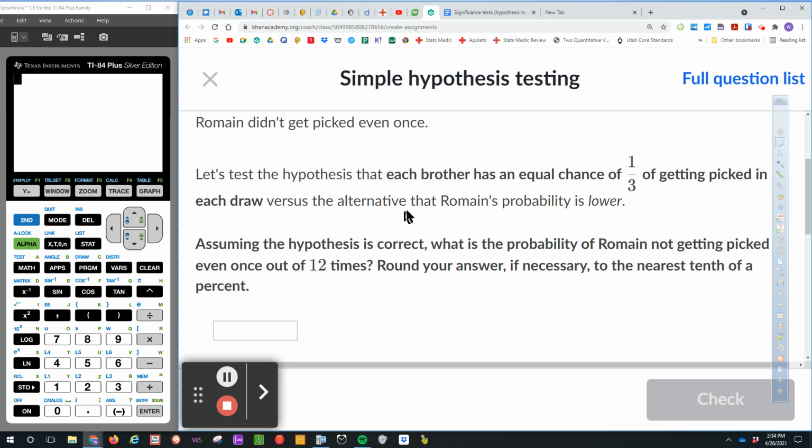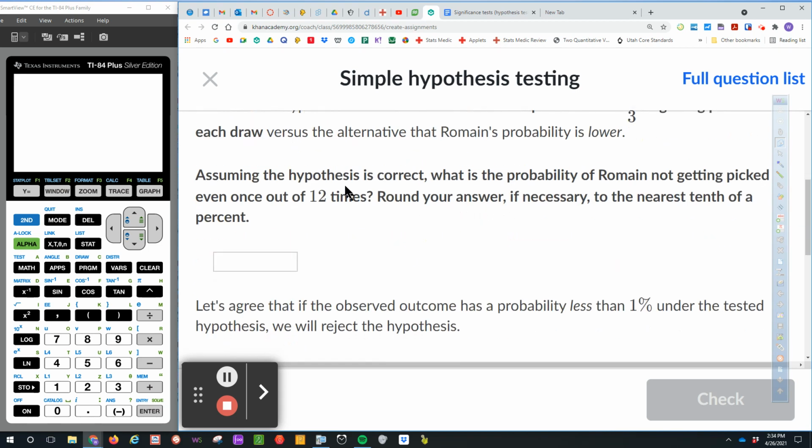But somehow Romain's chance is low because he never gets picked. So, assuming the hypothesis is correct, what is the probability of Romain not getting picked even once out of 12 times? Round your answers, if necessary, to the nearest tenth of a percent.